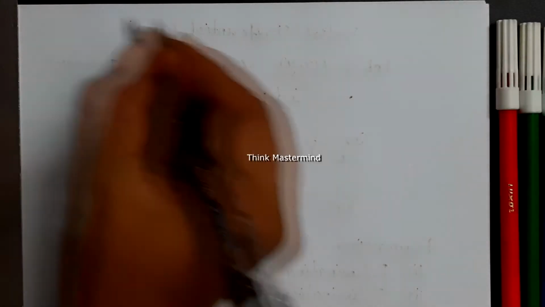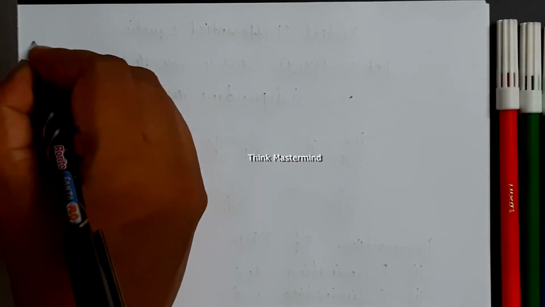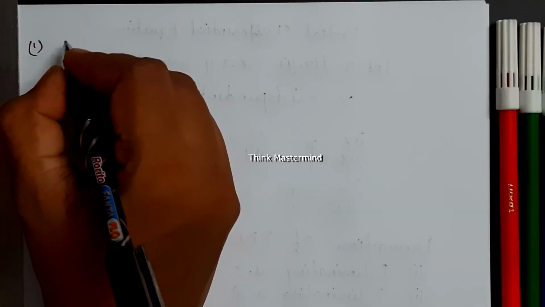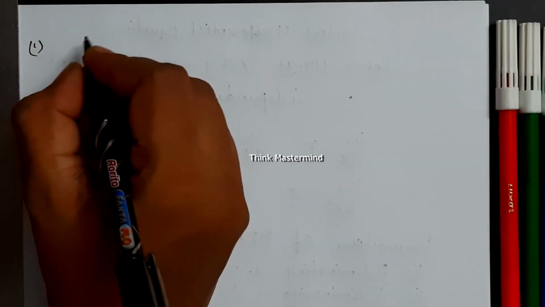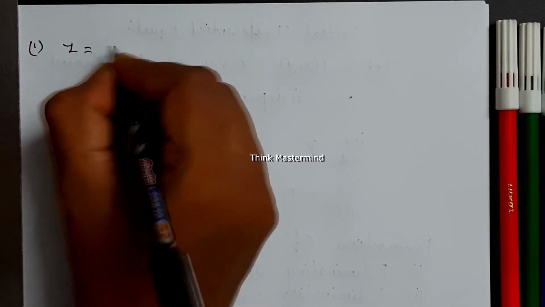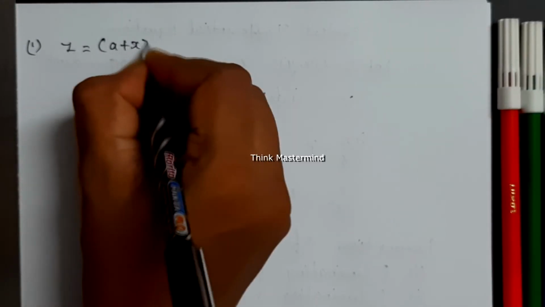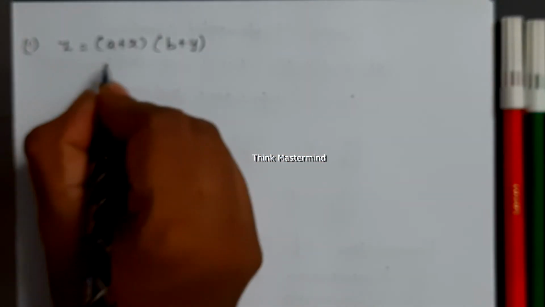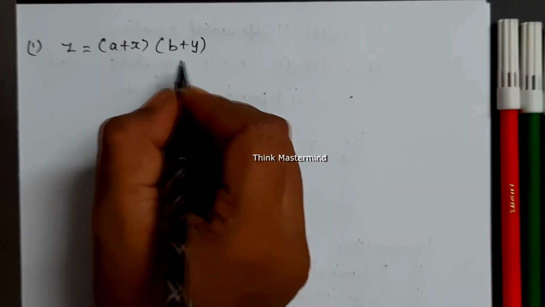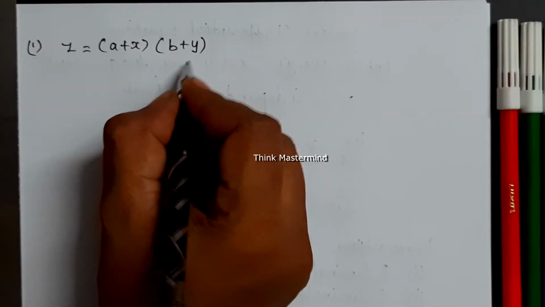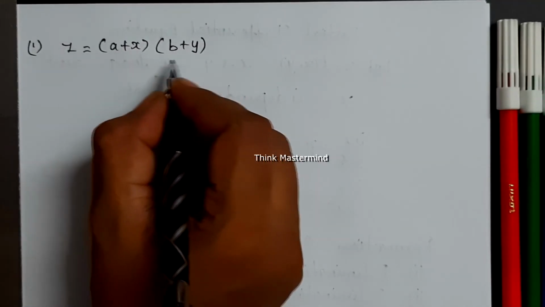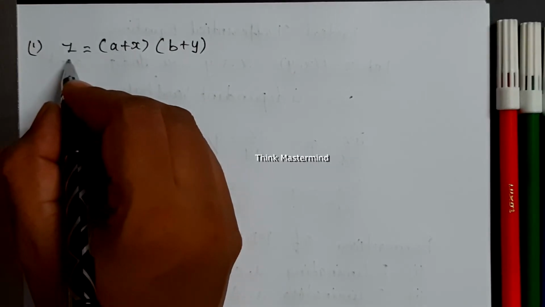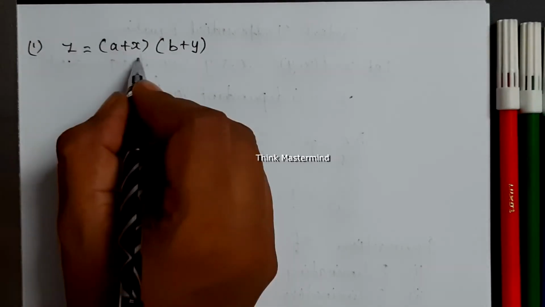Now we are going to see some more examples. First one, we consider the formation of partial differential equation of the function z is equal to a plus x into b plus y. First we have to notice how many arbitrary constants there are and how many independent variables. In this unit we are dealing with two independent variables and one dependent variable, z, which is dependent on x and y.